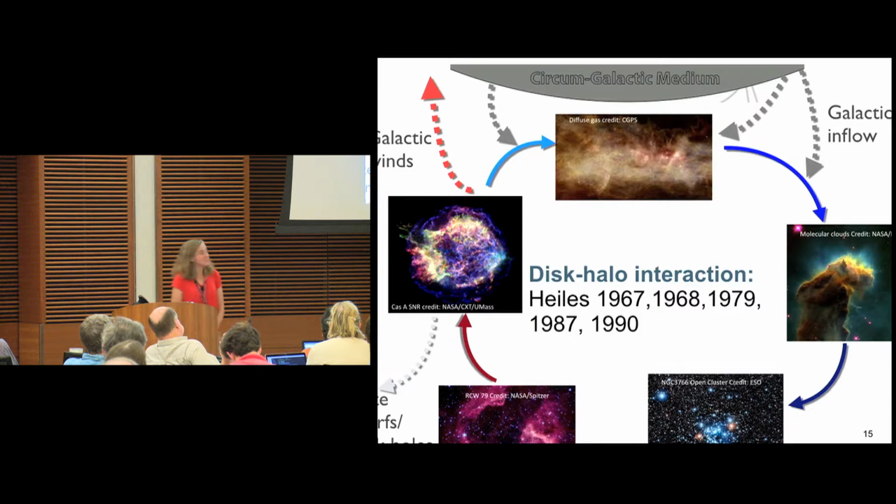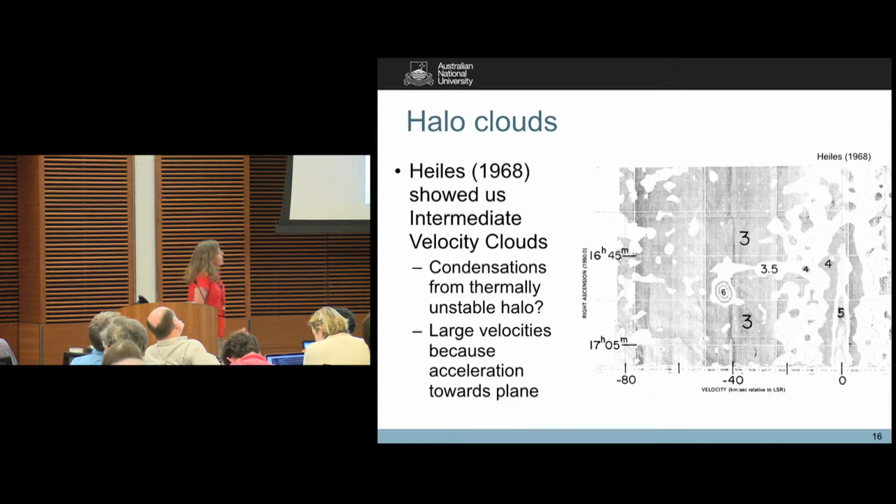Carl wrote some papers on intermediate velocity clouds in the late 60s. He's written a number of different things about theories of clustered supernovae versus the halo, and considering how what happens in the disk interacts with the halo entirely. Carl showed us another nice contour map, one I can understand a bit more, of some intermediate velocity clouds as potentially condensations from a thermally unstable halo.